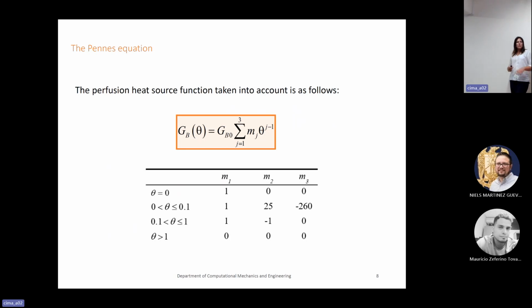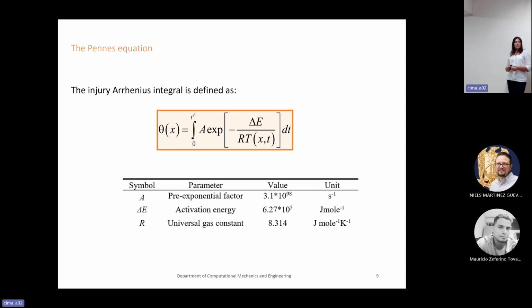This theta parameter is an Arrhenius integral. So this function depends on it, it's some kind of polynomial. As I said, it's an integral, so we can see here this parameter. It depends on temperature and some other constants that we can see explained in the table before.